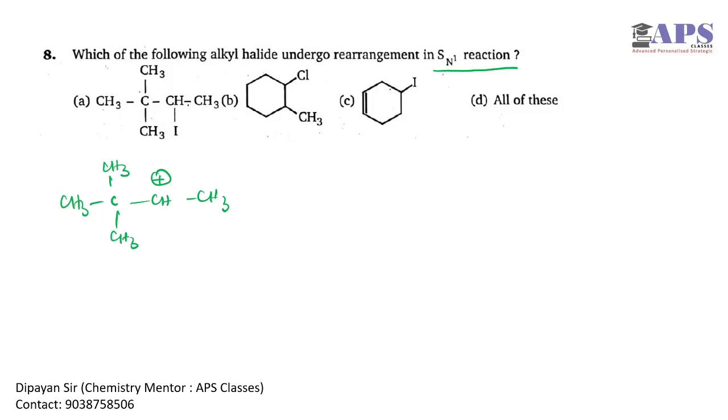If hyperconjugation is not present, then we can explain the phenomena of stability by inductive effect. Now, if we shift this methyl, which is known as 1,2-methyl shift, we can have this kind of situation.